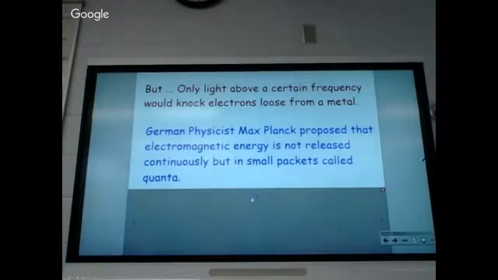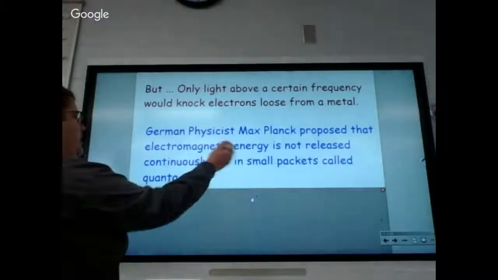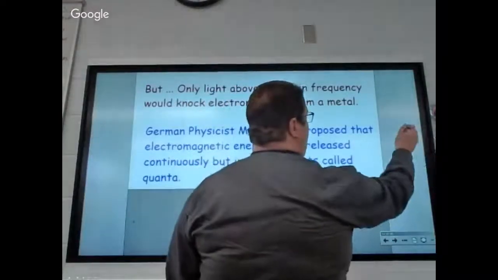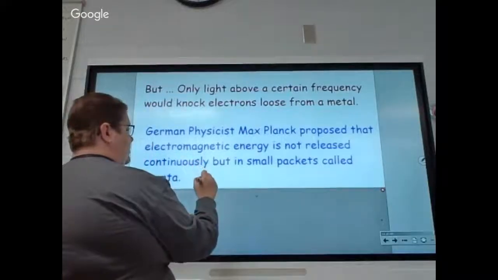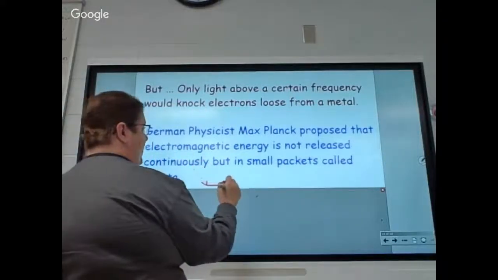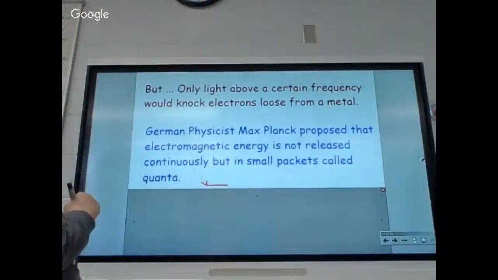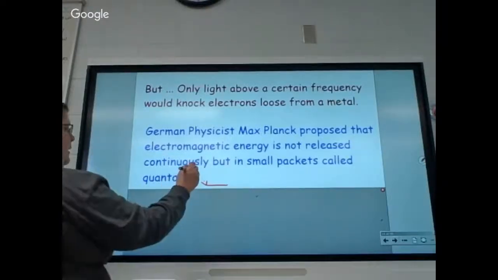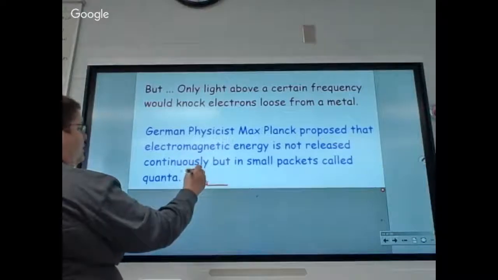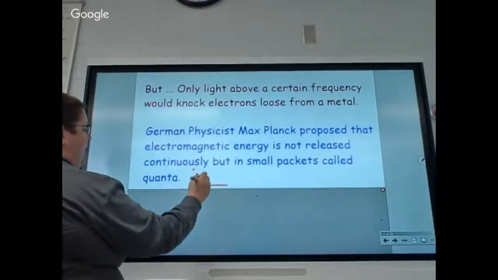But starting now, instead of drawing them in straight lines, I'm going to draw my pictures as dots, because instead of continuous energy, Max Planck is proposing that these are small bursts of energy. Now, again, this was a theory at the time.